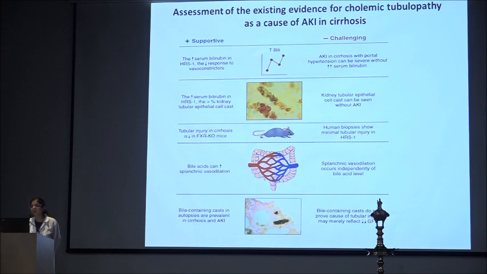Also, bile acids increase splanchnic vasodilation. Also, there is evidence from autopsies where bile-containing casts are prevalent in cirrhosis and AKI.